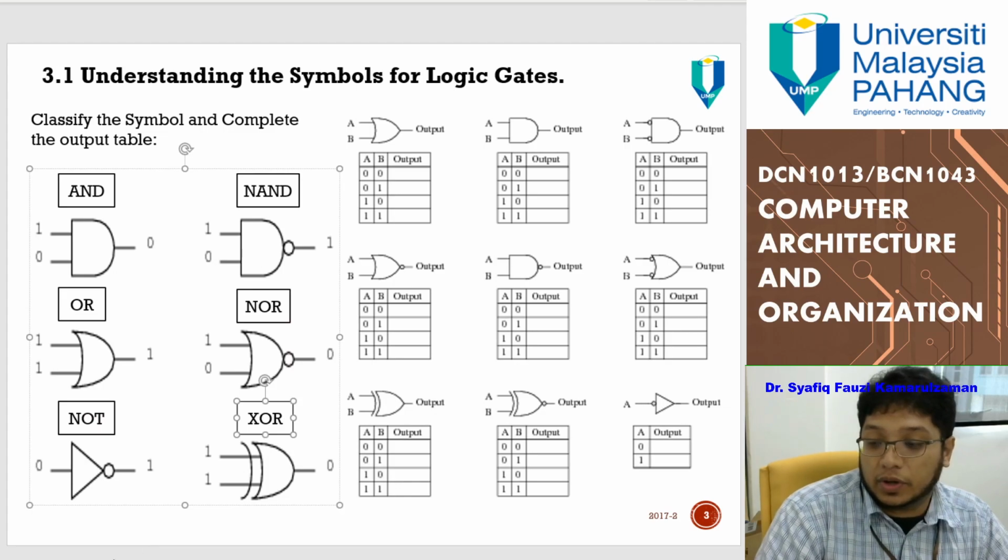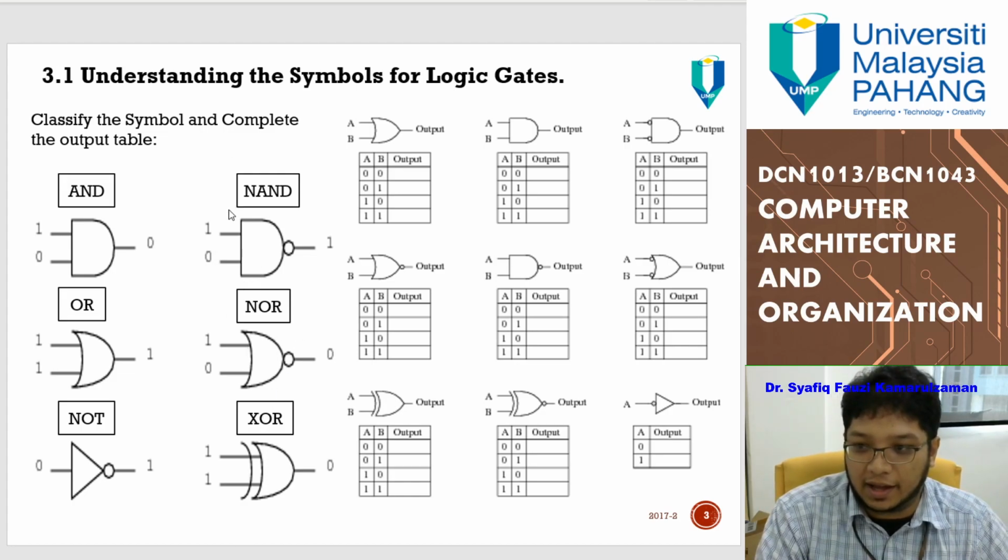Why do we need NOR and NAND when you have AND, OR and NOT? Basically, NOR and NAND exist because they are created as one component. It's not that we can split them into two, but actually we can develop them as one.